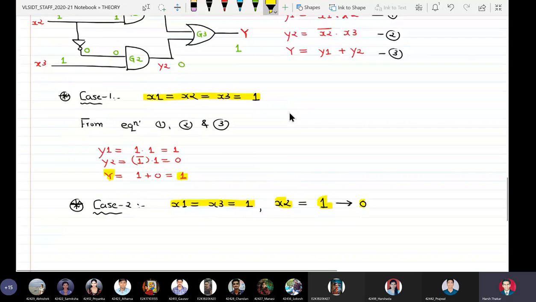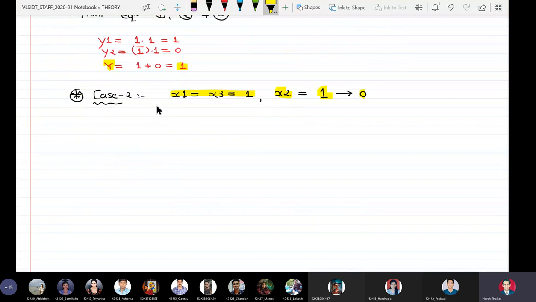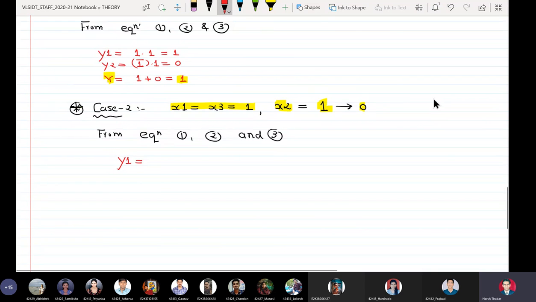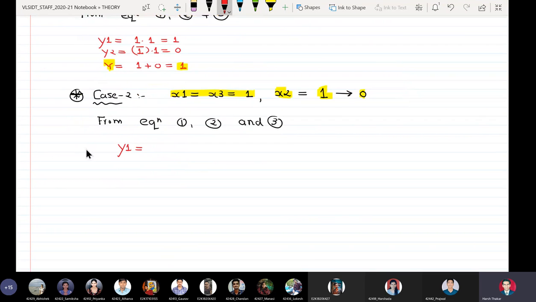Again, according to equations 1, 2 and 3, y1 is x1 ANDed with x2, and the new value of x2 is 0.